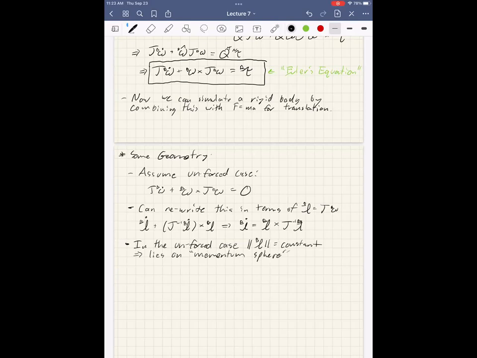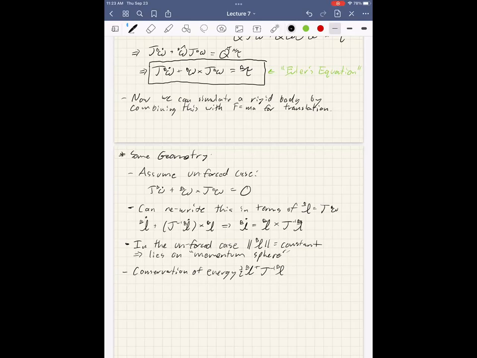Okay, and then we also have conservation of energy, which looks like one half L transpose J inverse L. This is just one half omega transpose J omega.